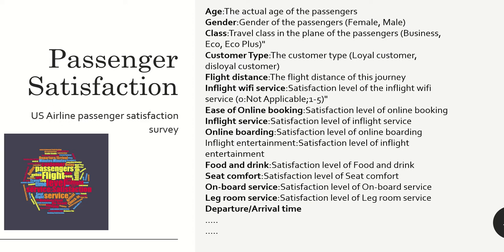Actually, there are more services on this screen, but we just list some of them. For example, flight distance. If the flight distance is long, then passengers probably don't have a positive feeling. And other things like food and drink, the seat comfort or delay time.